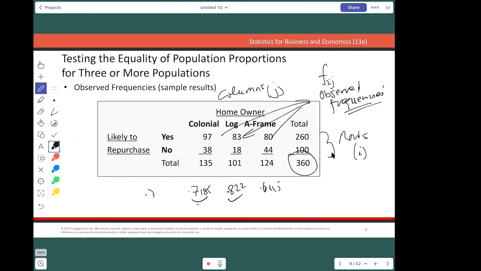However, there is something called an expected frequency, and the expected frequency is based on the null hypothesis. If we assume that people are equally likely to repurchase for the three categories of homes, then what should we have expected in the 360? So we need to find a way to calculate that, and we will refer to those as Eij, the expected frequencies.